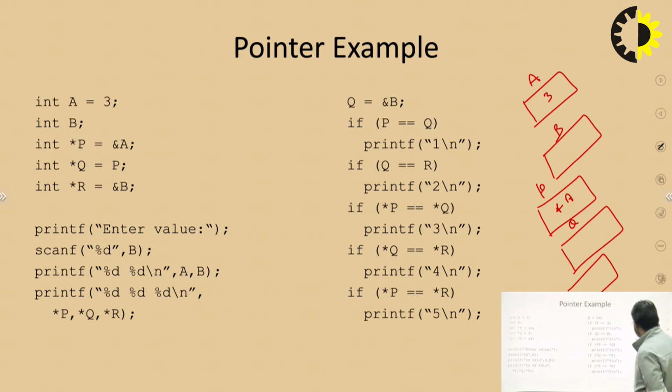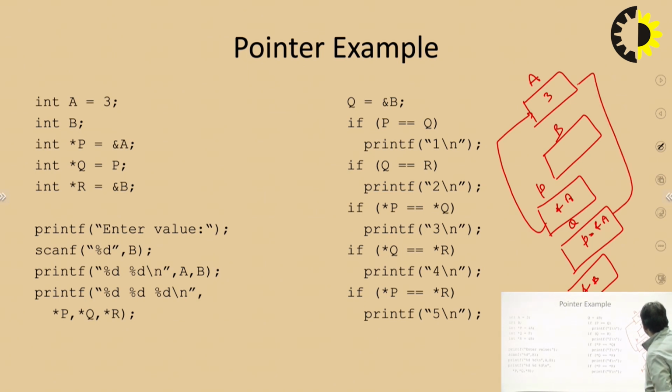In q, it consists p, and p consists the address of a. It means q also consists the address of a, and r consists the address of b. So basically p points to a, q also points to a, and r points to b.